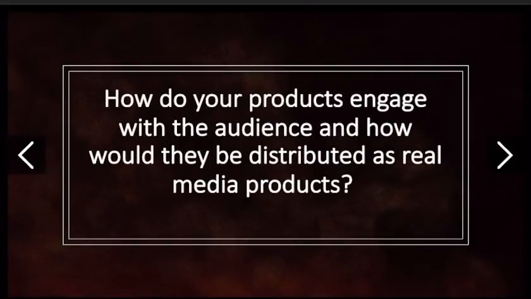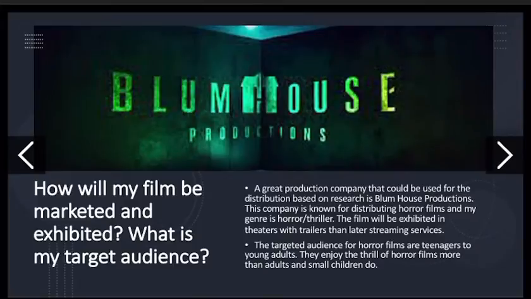How do your products engage with the audience, and how would they be distributed as real media products? The production company I would use to distribute my film is Blumhouse Productions. Blumhouse Productions is well known for distributing horror films, which, like I stated before, is the genre of my opening. The audience targeted for this film are young adults to teenagers.